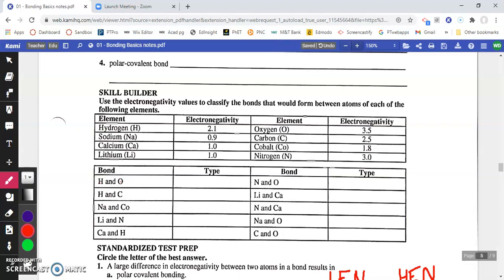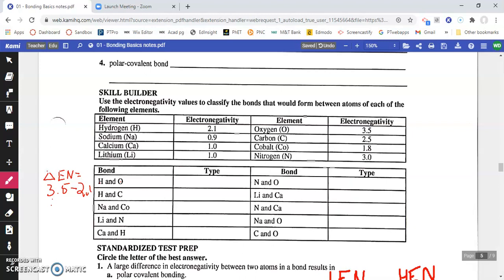Hydrogen has a value of 2.1, oxygen has a value of 3.5. So the delta EN would be 3.5 minus 2.1.